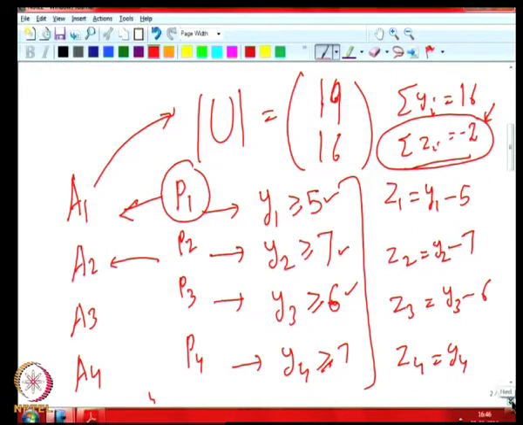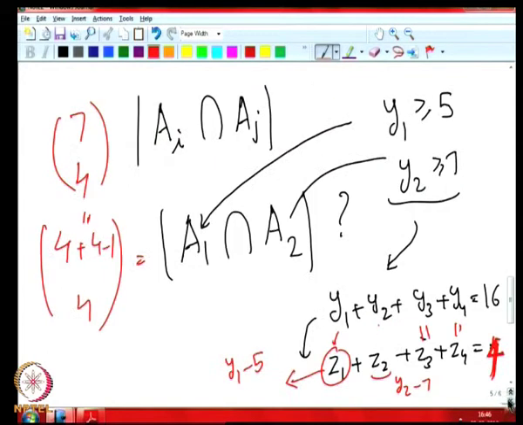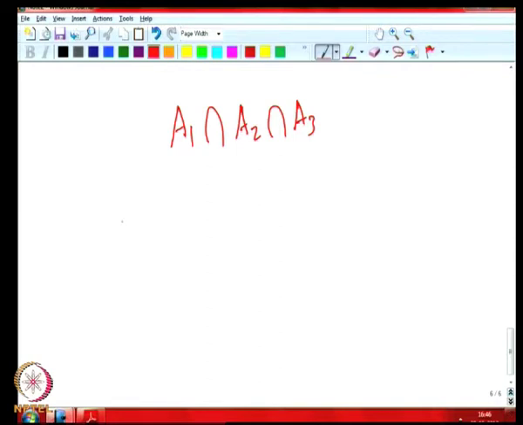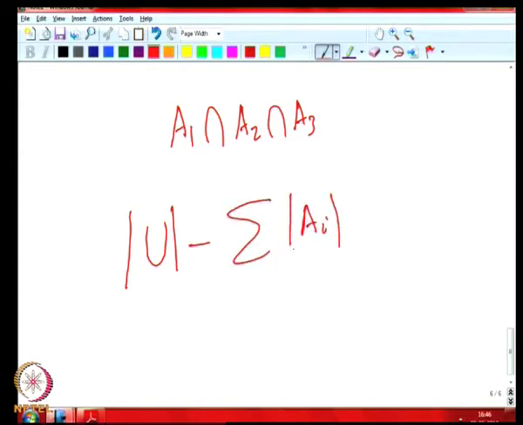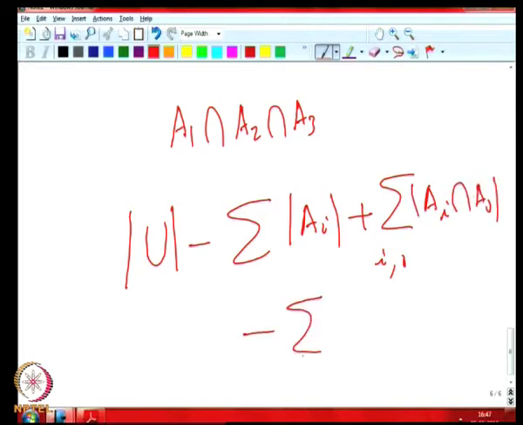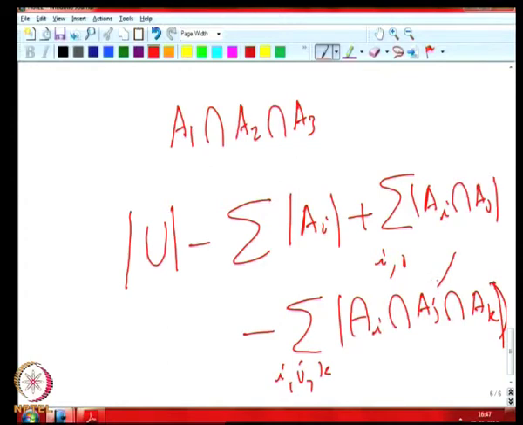4 things taken together will be similarly so. So now we can apply the inclusion-exclusion principle, namely the final cardinality of this thing will be U minus sigma cardinality of Ai, which we have shown how to find, plus sigma for every i and j the cardinality of Ai intersection Aj, and minus sigma for every i, j, k the cardinality of Ai intersection Aj intersection Ak, and this, as we have seen, every time is becoming 0.